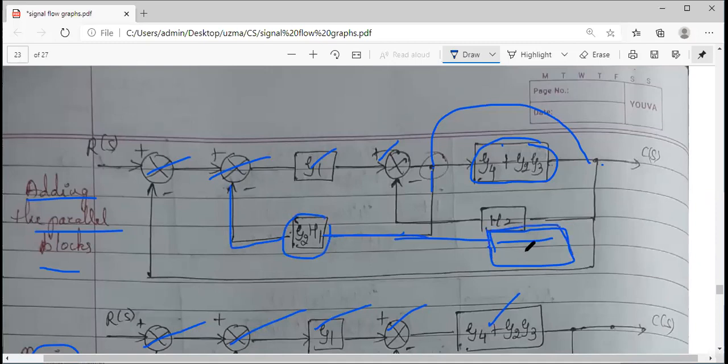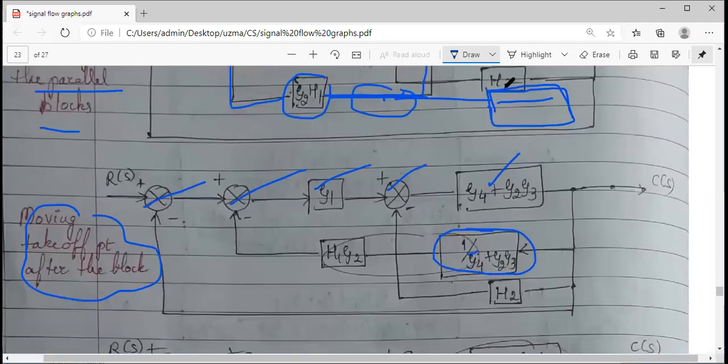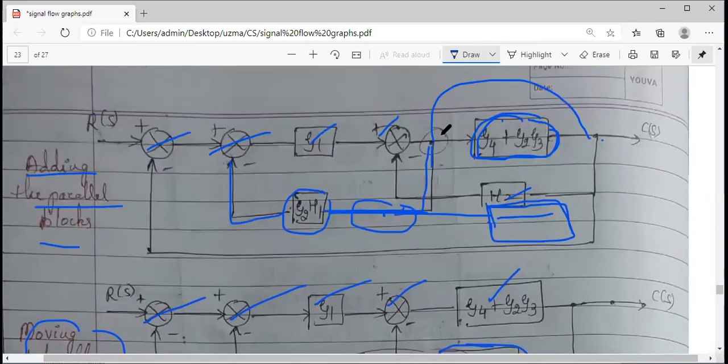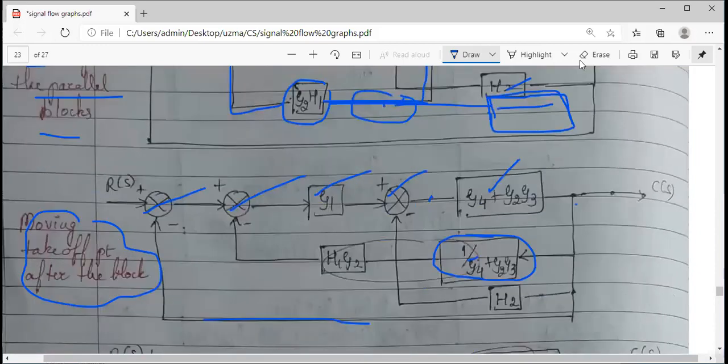In this path, I have to take one more block because this line is connected to the takeoff point. Here you have to introduce one more block. Its inside value should be the reciprocal of this value. So I have redrawn this. Remaining all same: C1, H2 and the unity gain. Everything is the same. Only I have shifted the takeoff point. Earlier it was here. Now it is after the block.